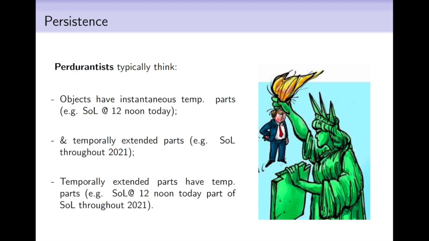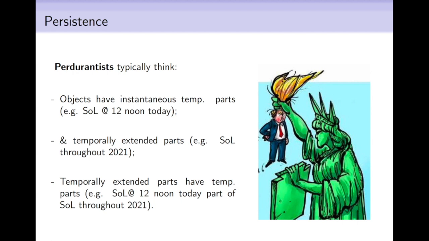But also, Perdurantists will normally want to say that an ordinary object like the Statue of Liberty might have, or does have, temporal parts that are themselves extended and not merely instantaneous. So they would think it's sensible to talk about the temporal part of the Statue of Liberty that exists throughout 2021. A temporal part that exists for a whole year, and ordinarily they'd want to say that the temporally extended temporal parts themselves have temporal parts.